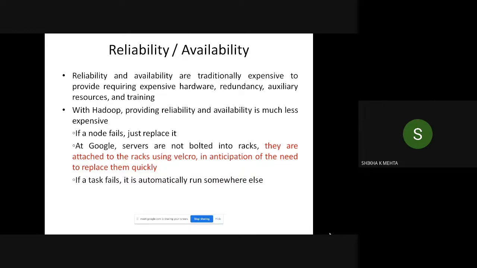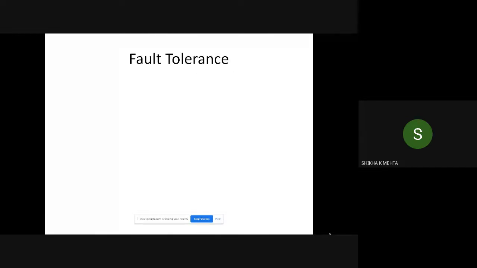So they are also listening to each other. There is some responsibility to check whether the other node is active or not. How they are doing it, we will be discussing in detail. So if the task fails at one node, it will automatically run somewhere else. So no data will be lost. There is no loss of data.